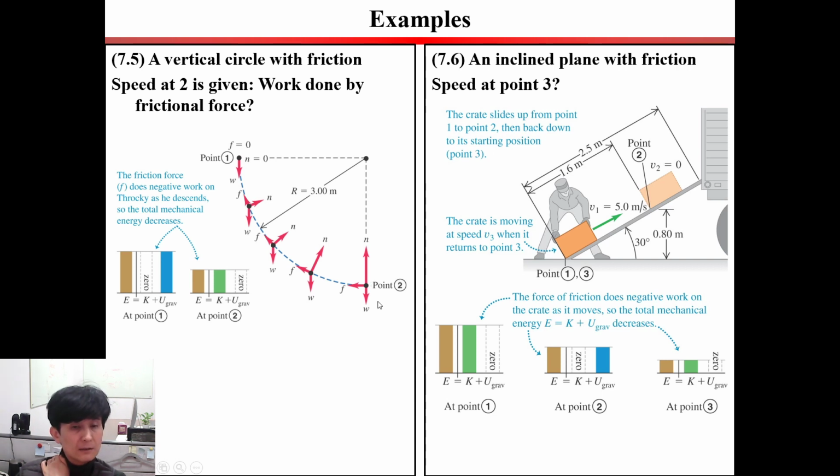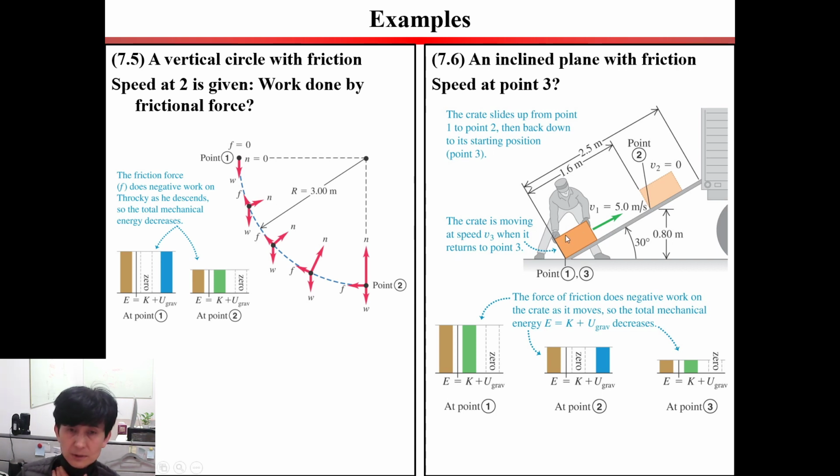Then we can calculate the kinetic energy difference between the ideal case and the case we have measured. Then we can calculate the loss of energy due to the frictional force. That's what it mentions.